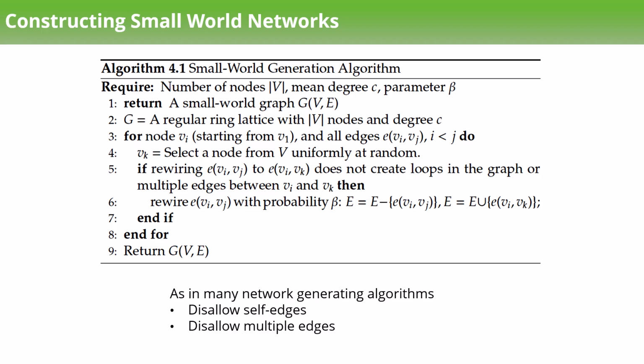Second, we don't allow multiple edges. That means two nodes cannot have duplicate connections. These restrictions make the generated network a valid graph. So this is the algorithm for constructing the small world network.